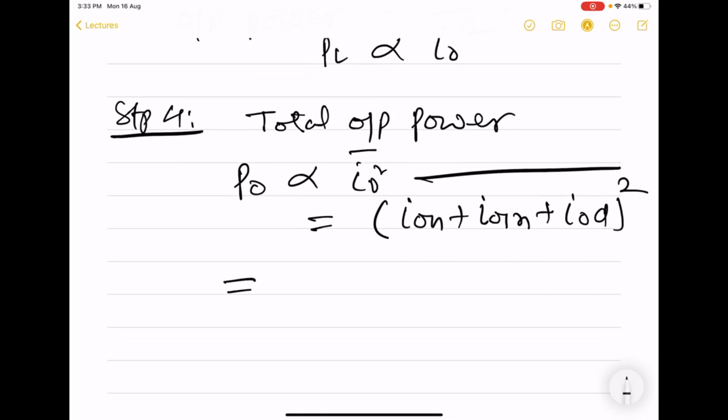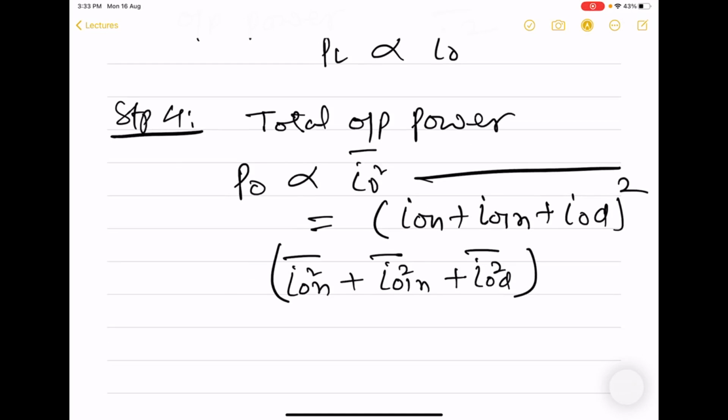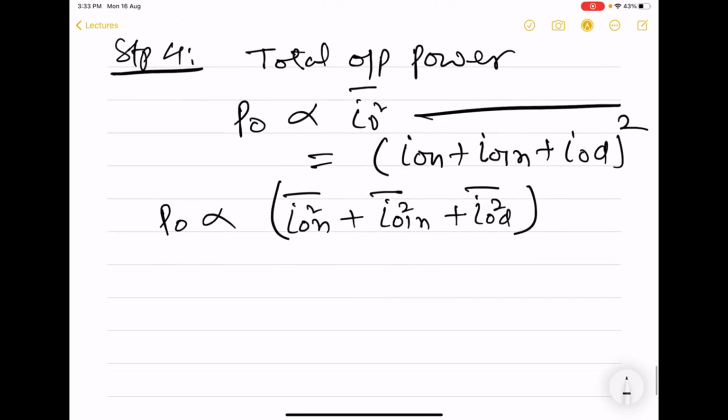In this case, note that all these three currents are uncorrelated. So the mean square of the sum will simply be the sum of the mean squares. So we are going to get this thing. Total output power is going to be proportional to this quantity.